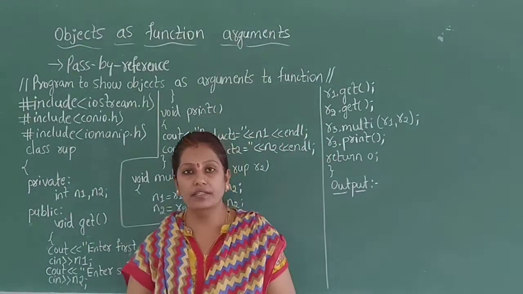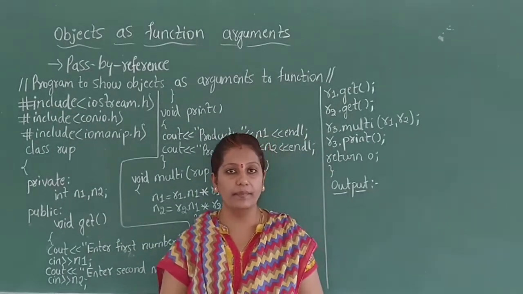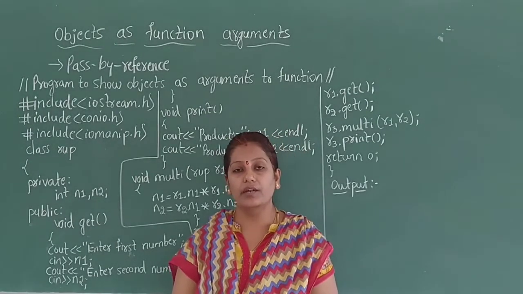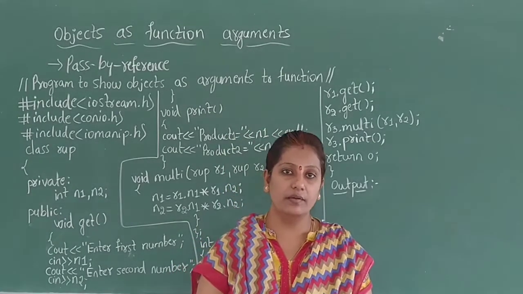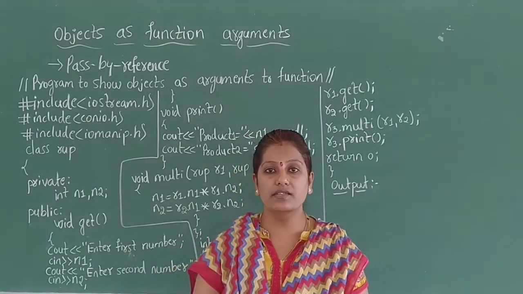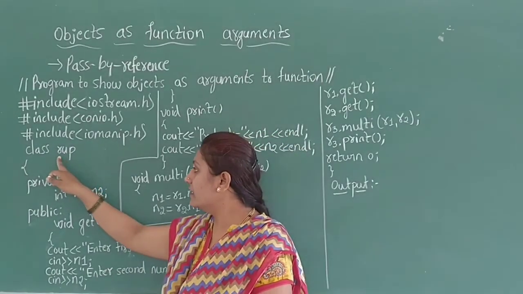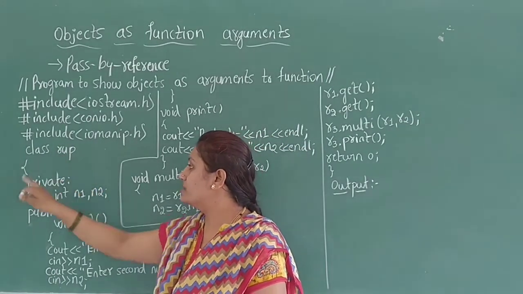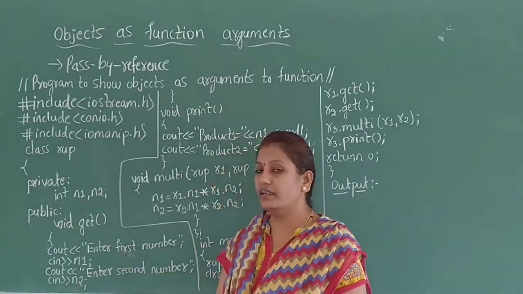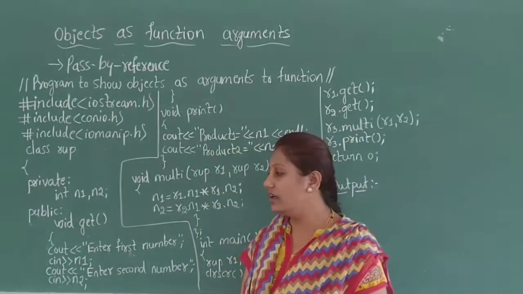First we have to include three header files: iostream.h, conio.h, iomanip.h, to include input output devices to the program, execute the cin input statement and cout output statement, and use the manipulators which are used in the program. Then it creates a class RUP using the keyword class, and N1 and N2 are the private access data members declared with integer data type.